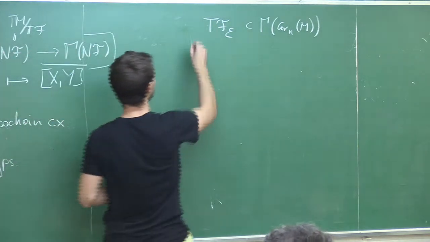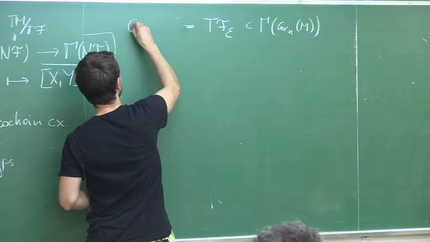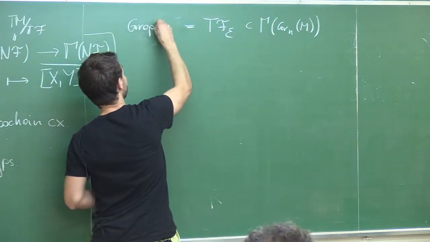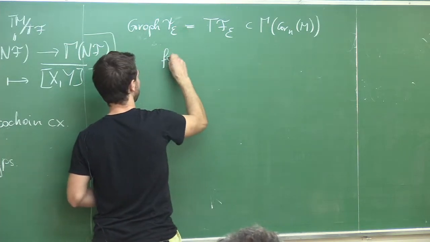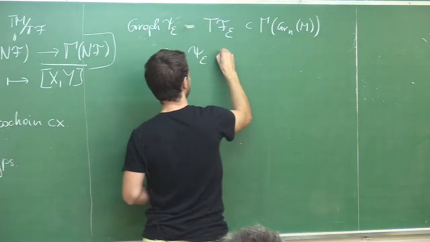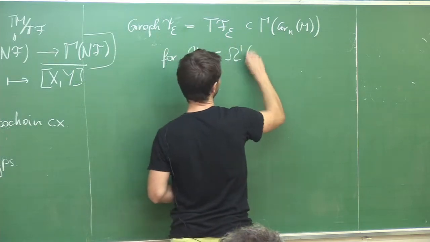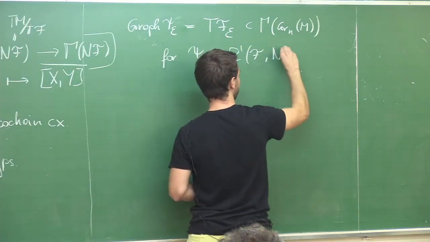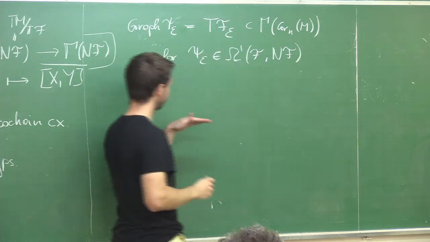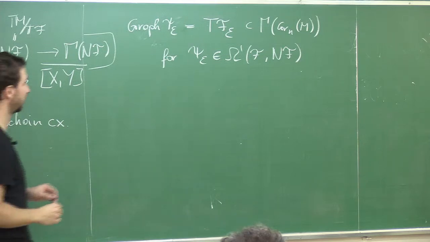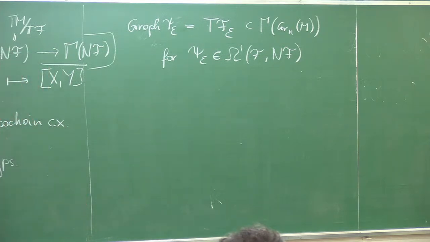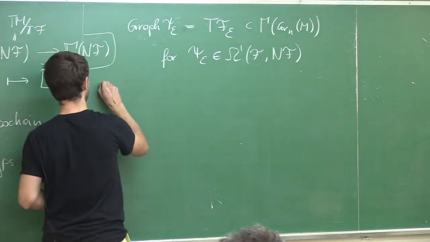So we can realize this for small enough epsilons as the graph of some psi epsilon, a foliated one form with coefficients in the normal bundle. We think of TF as our vector space, we have the normal bundle, and everything which is close is modeled as a linear map between them.